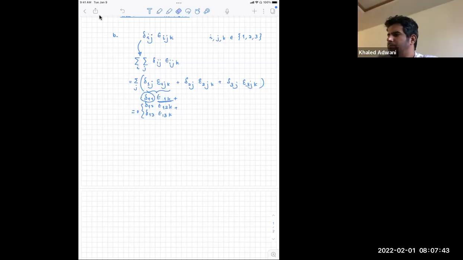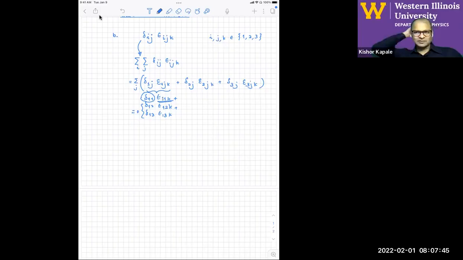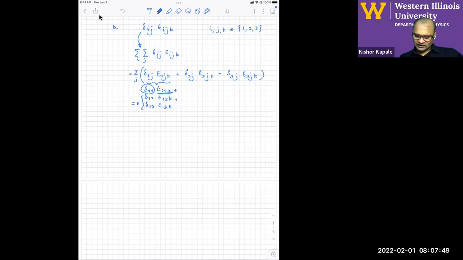It's going to be 0. If the index repeats in epsilon ijk, then this term is going to be 0. So the last two terms are 0 because of the Kronecker delta. The first term is 0 because of the Levi-Civita. And so all of these terms are going to eventually add up to 0, and you get 0.